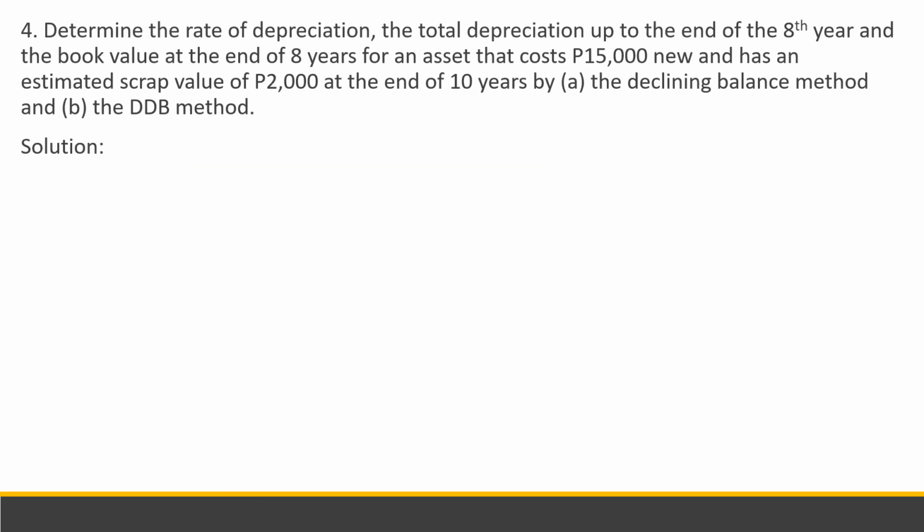Okay, so let's go to our example. Determine the rate of depreciation, the total depreciation up to the end of 8th year, and the book value at the end of 8 years for an asset that costs 15,000 new and has an estimated scrap value of 2,000 at the end of 10 years, by DBM or the declining balance method and DDBM or double declining balance method.